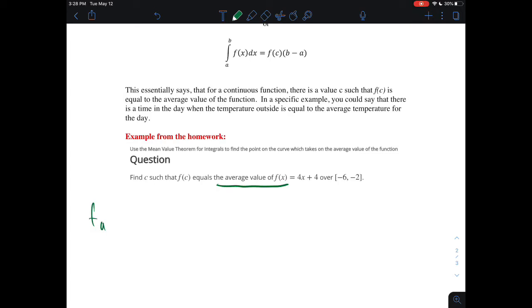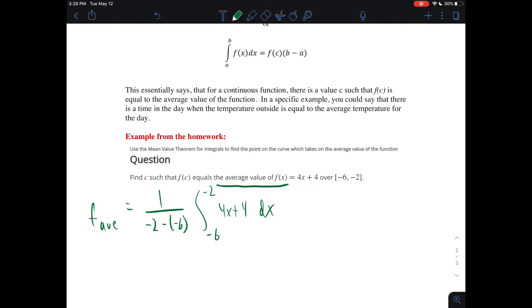So f sub ave, as we saw in the previous example, is 1 over b minus a, that would be -2 minus -6, times the integral from -6 to -2 of our integrand 4x plus 4, and we're integrating with respect to x.